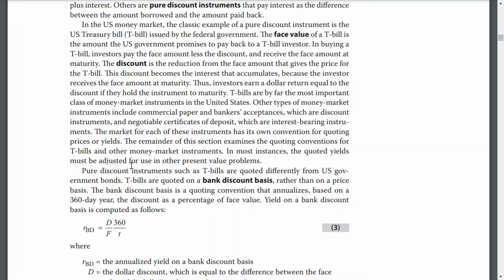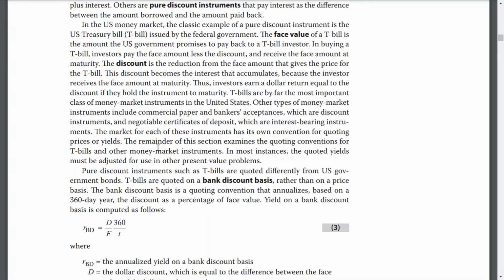T-bills are by far the most important class of money market instruments in the United States. Other types of money market instruments include commercial paper and bankers' acceptances, which are discount instruments, and negotiable certificates of deposit, which are interest-bearing instruments.